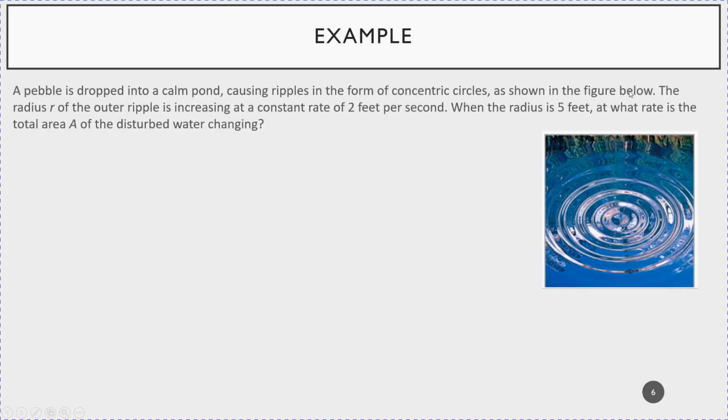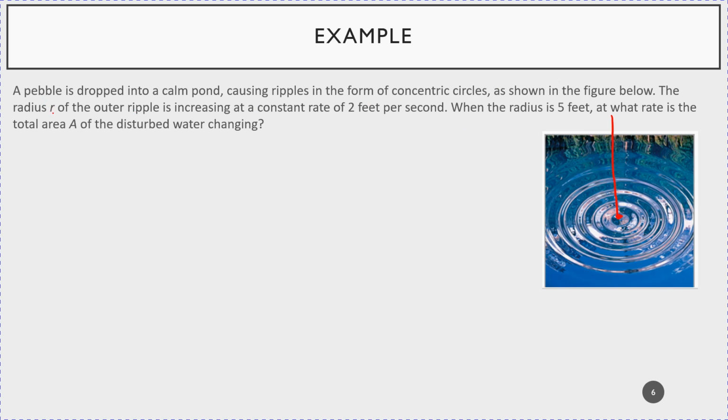Okay, so here's the first problem. A pebble is dropped into a calm pond. You're just taking a pebble and dropping it right into the water. And when you do that, ripples start forming, causing ripples in the form of concentric circles, as you see shown in the figure below. The radius r of the outer ripple is increasing.